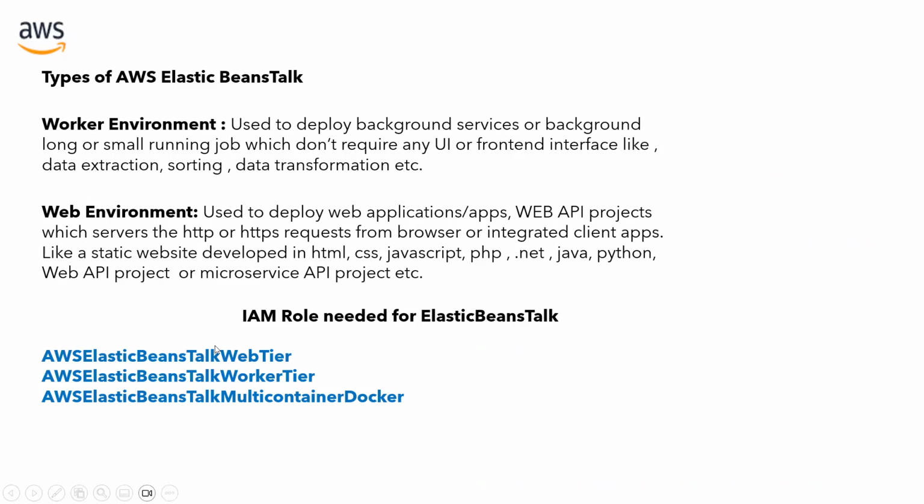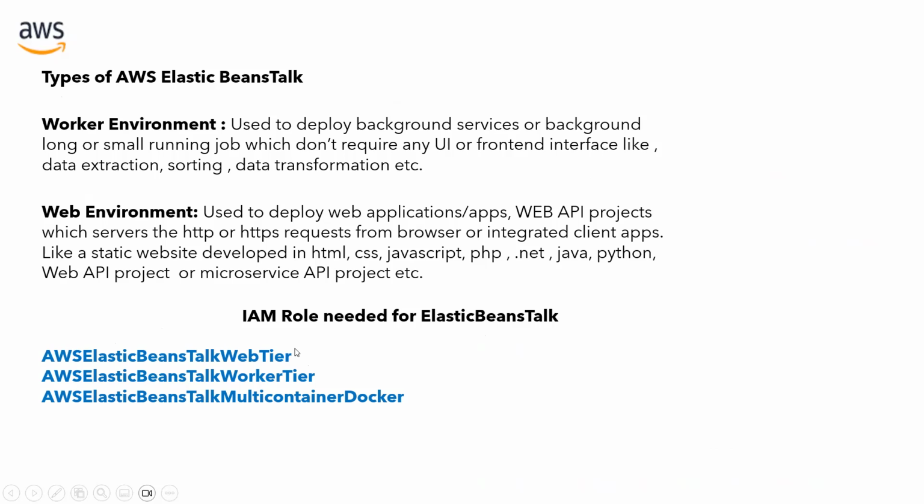Whenever we are creating an Elastic Beanstalk environment on the AWS console, we need an IAM role, and that IAM role needs certain access. If we are going to deploy a web environment, then a role with the AWS Elastic Beanstalk web tier permission would be required.